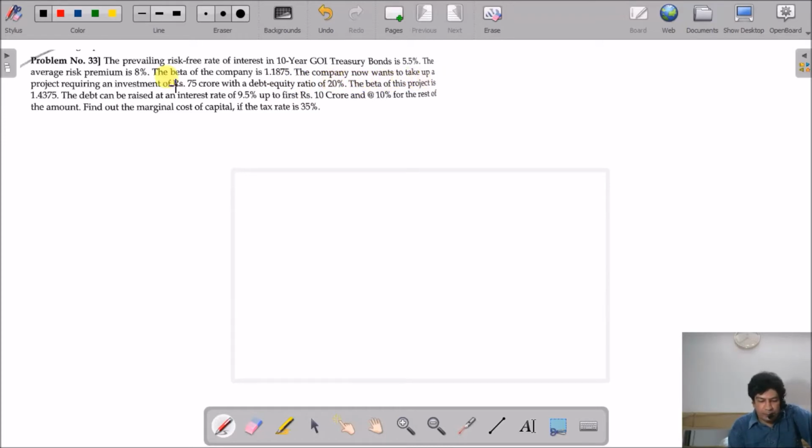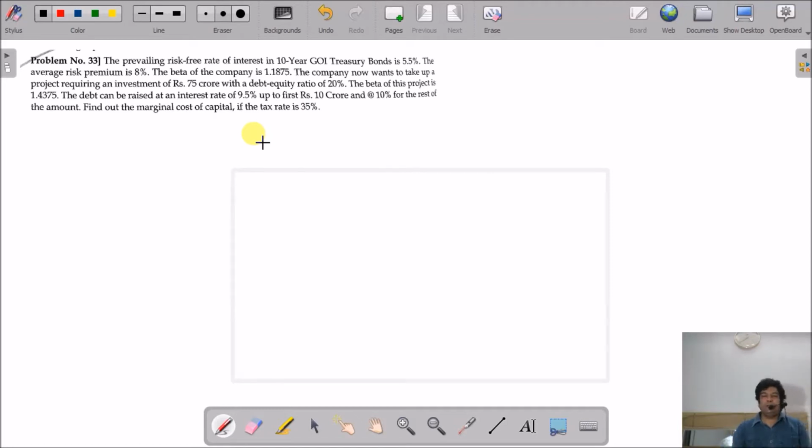The beta of this project is 1.4375. The debt can be raised at an interest of 9.5% up to rupees 10 crores and at 10% for the rest of the amount. Find out the marginal cost of capital, and the tax rate is 35%.